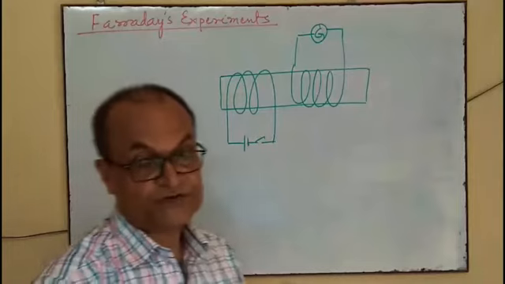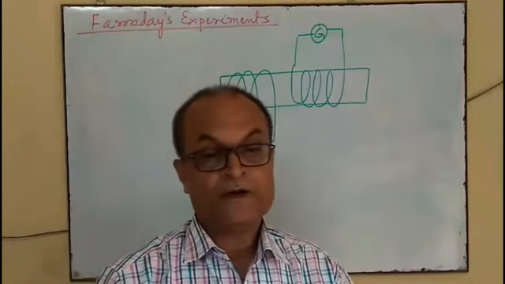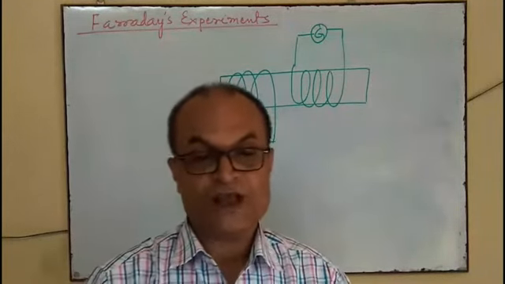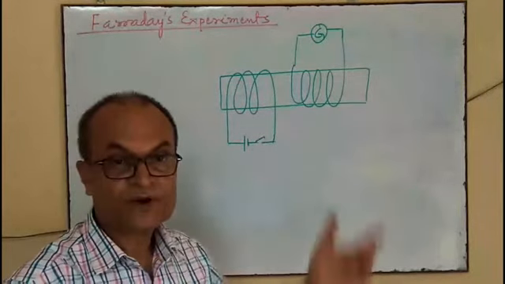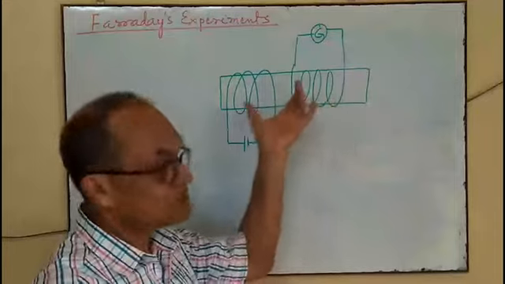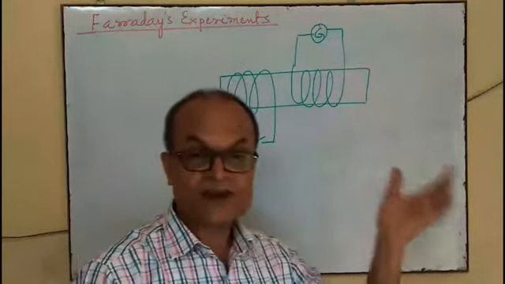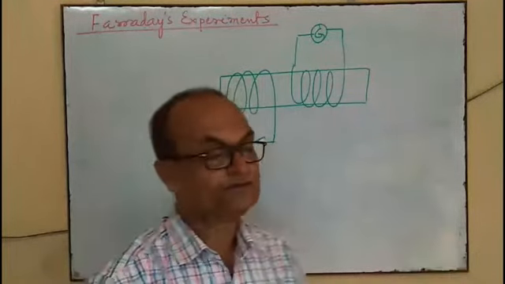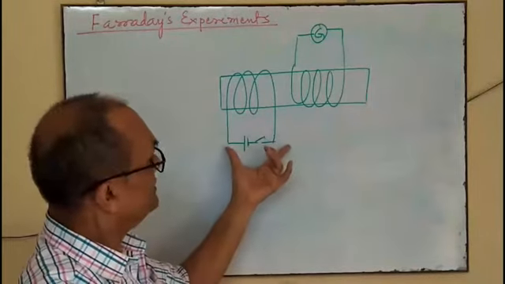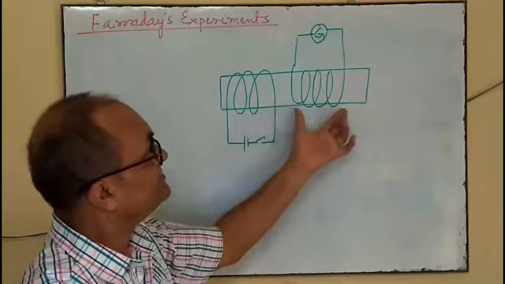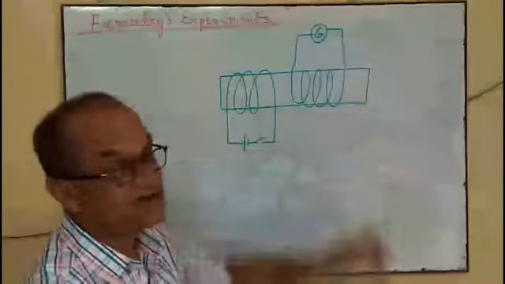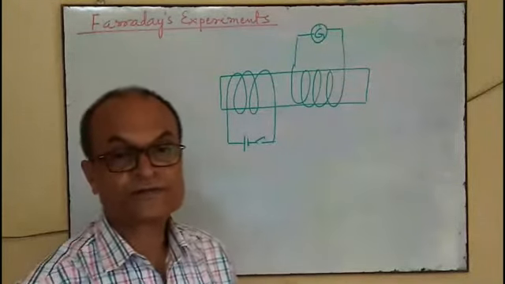Now what happens? We can say this is the production of induced EMF with a stationary magnet, when the strength of the magnetic field is varied. We supply the current here, and the other coil is attached to the galvanometer.